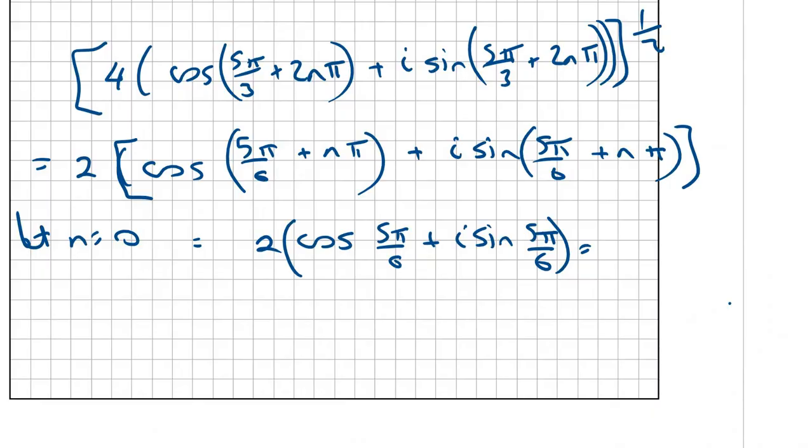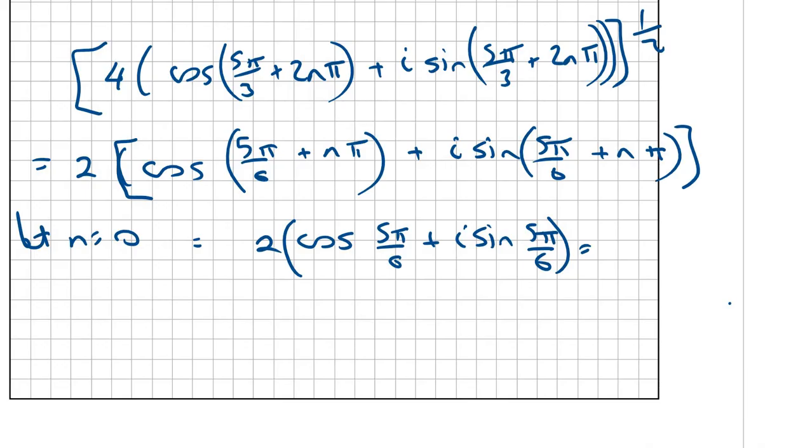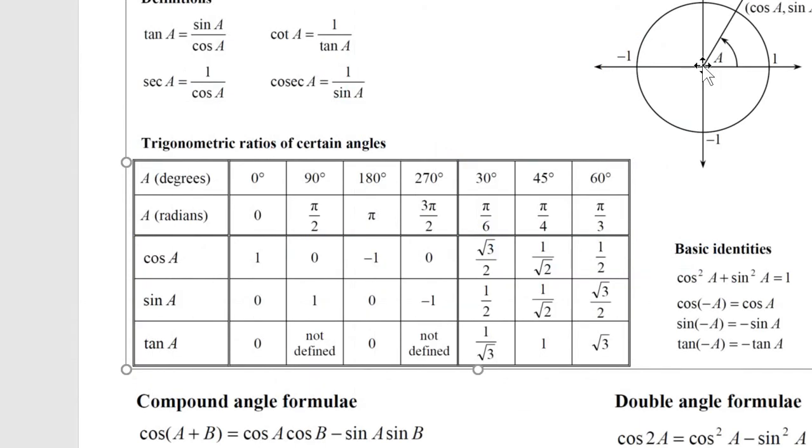So the answer to cos 5 pi over 6 is looking up cos pi over 6, which is root 3 over 2, but realizing that 5 pi over 6 is in the second quadrant, and cos is negative in the second quadrant, so that's going to be minus root 3 over 2. So we've got 2 times minus root 3 over 2 plus sine of 5 pi over 6.